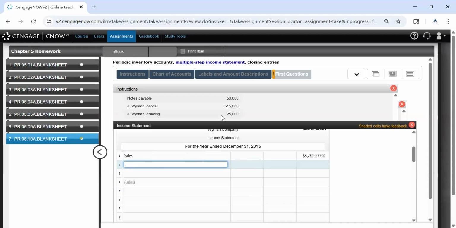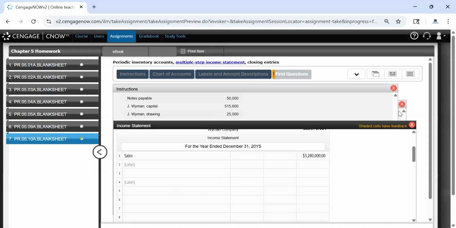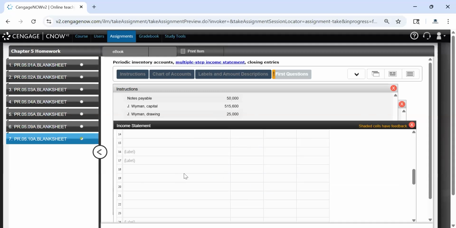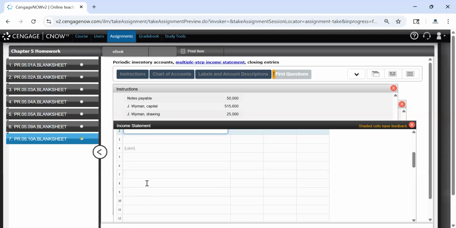Now for our next account label, we're going to have our cost of goods sold section, and then we're going to calculate our inventory available for sale, cost of goods before estimated returns, and then eventually our cost of goods sold in total.